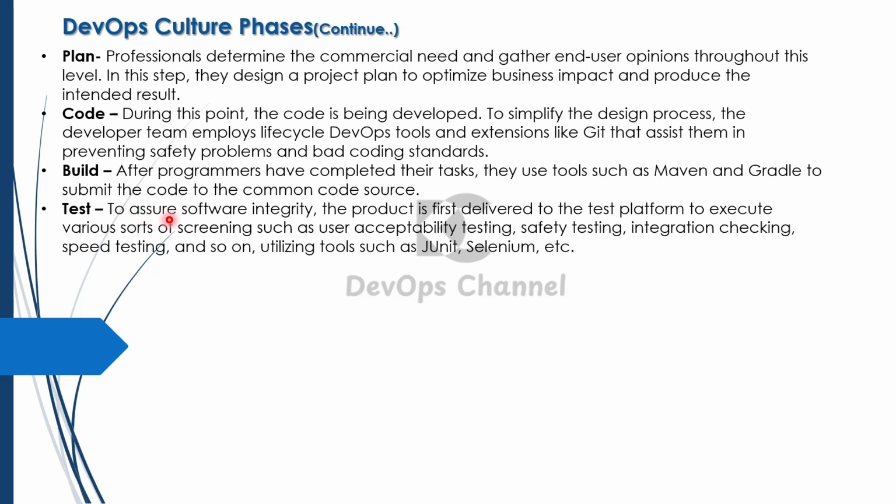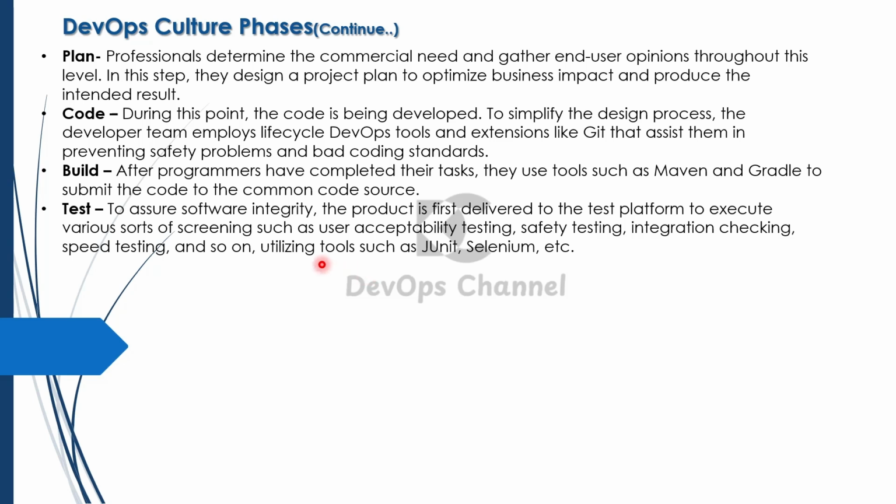To assure safe software integrity, the product is first delivered to the test platform to execute various sorts of screening such as user acceptability testing, safety testing, integration checking, speed testing, and so on.